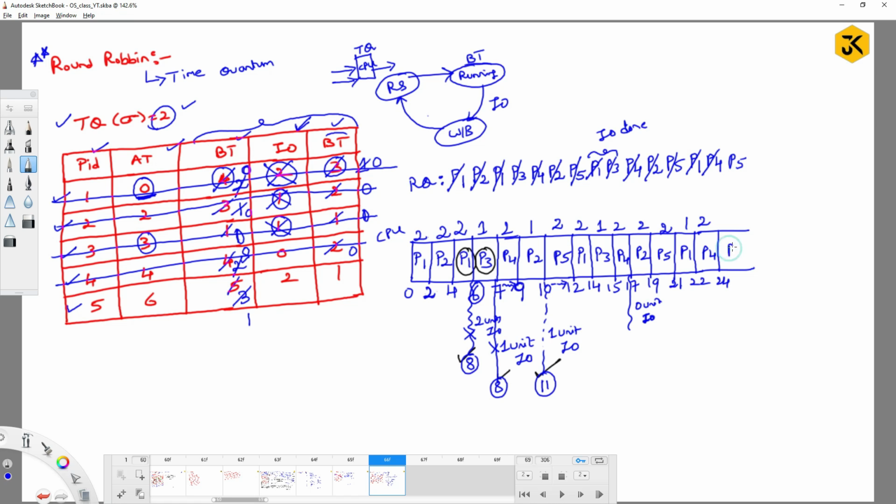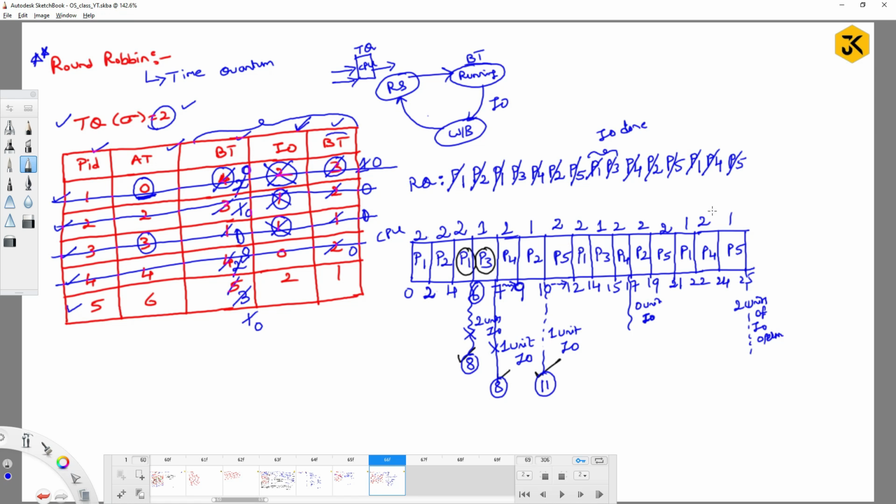Now the chance goes to P5, and it will execute for 1 unit of time, complete by 25, and go for 2 units of IO operation.